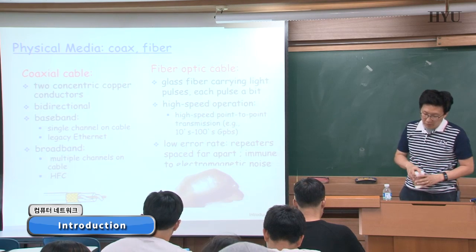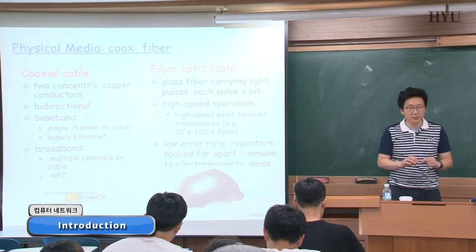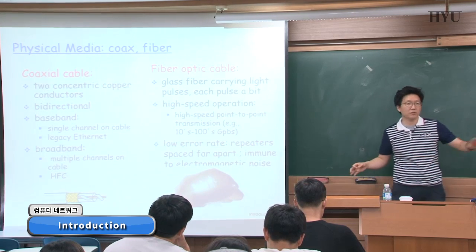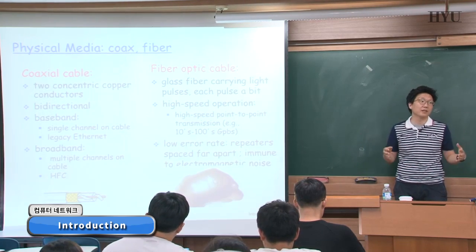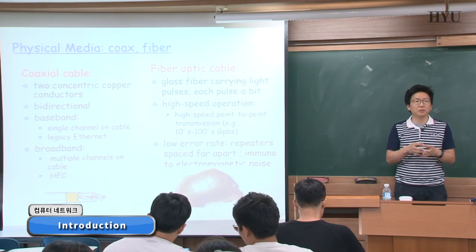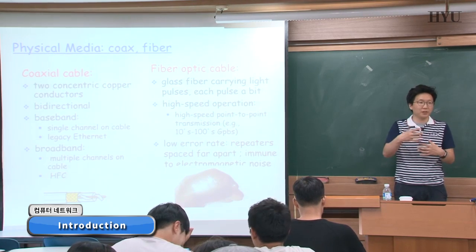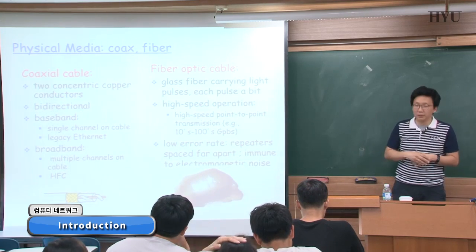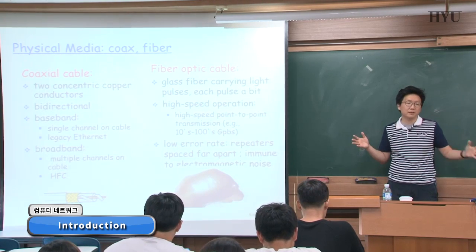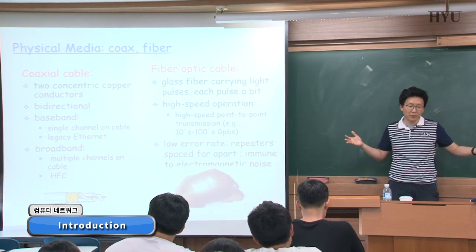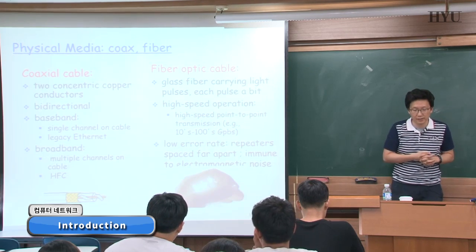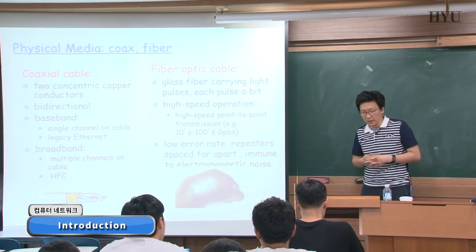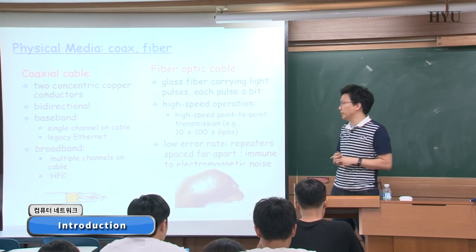Repeaters are placed far apart. If you want to send data from one location to another and the distance is large, you have to put something in between. In many cases you have to boost the signal. That's called a repeater. However, in optical fiber the traveling distance is also big, so they require fewer repeaters. So hopefully it introduces less noise to the data itself.